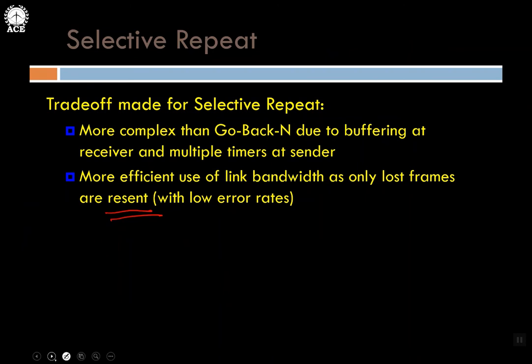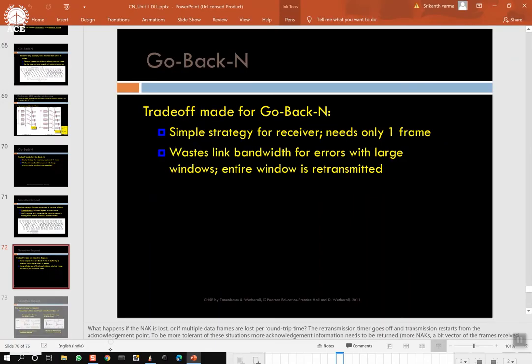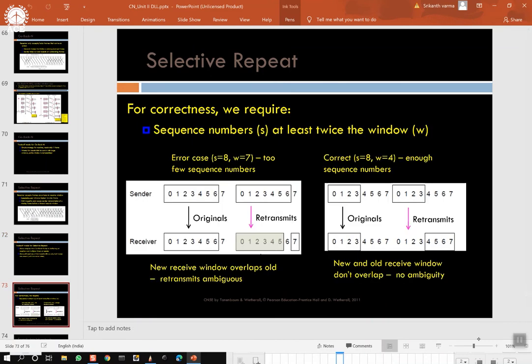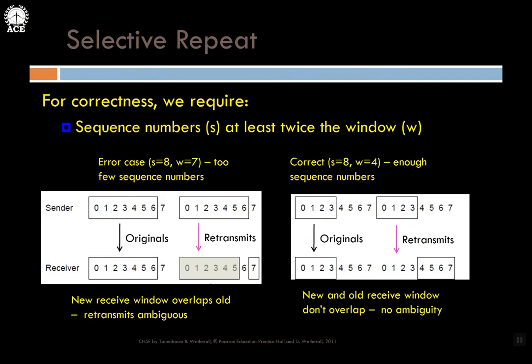But here I need to make you understand one important aspect: what could be the actual window sizes of the sender and receiver. To illustrate that, I take this slide. Please follow me carefully. What can be the maximum window size? If I use a 3-bit sequence number, then I can have, for example, 0 to 7.